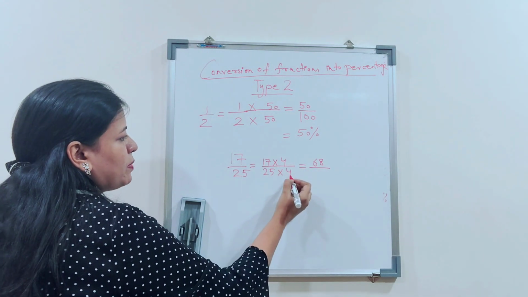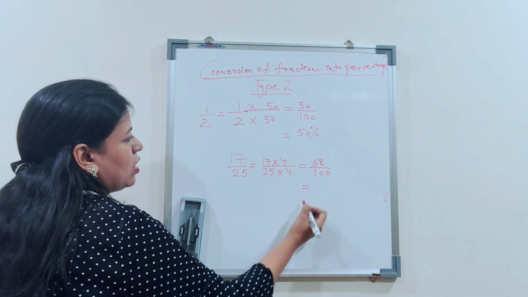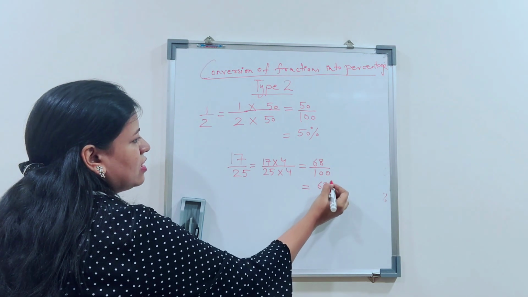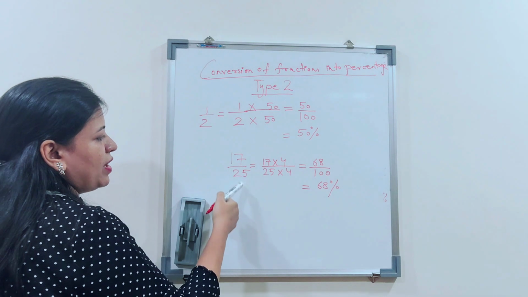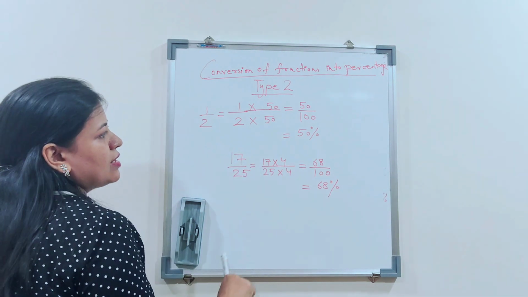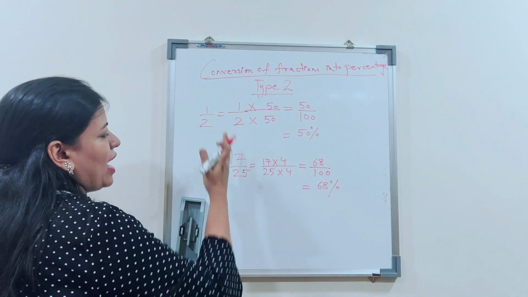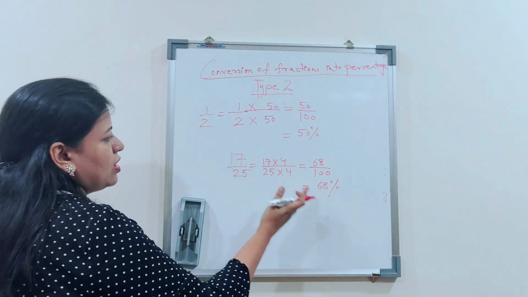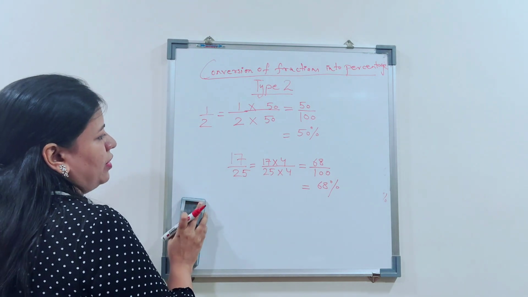And 25 multiplied by 4 gives me 100. Now, this is equal to 68%. So, the answer is 17 by 25 is equal to 68%. This is how you convert fractions into percentage even when you don't have a denominator equal to 100.